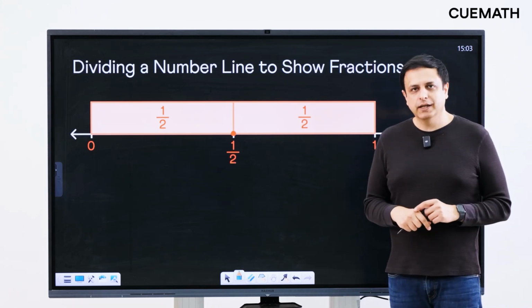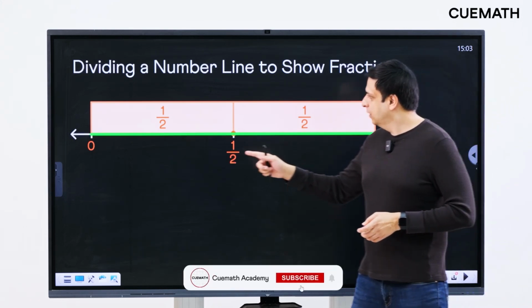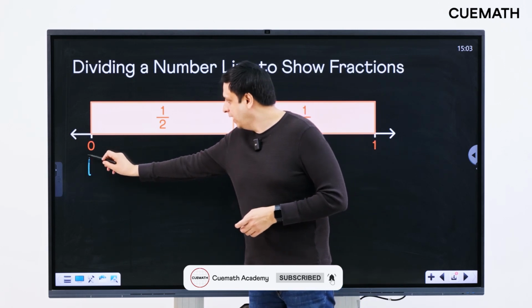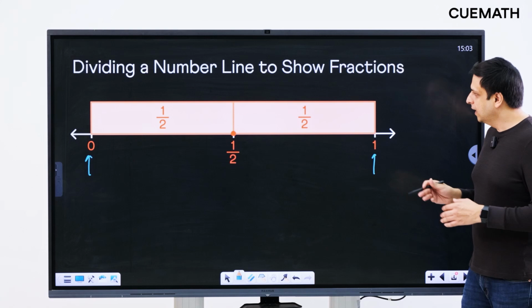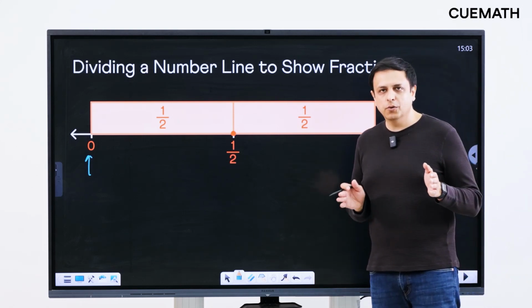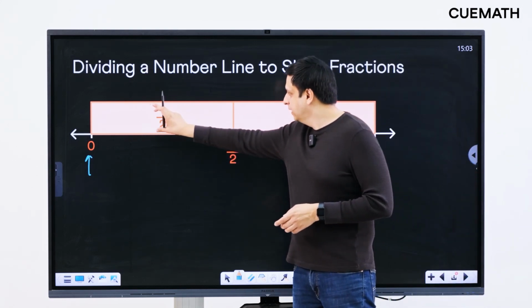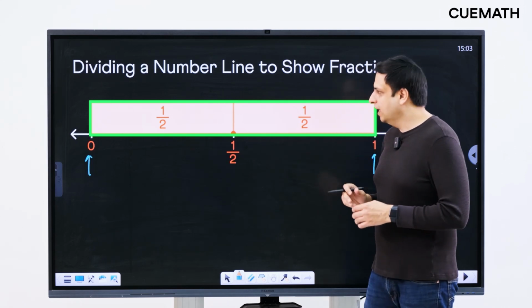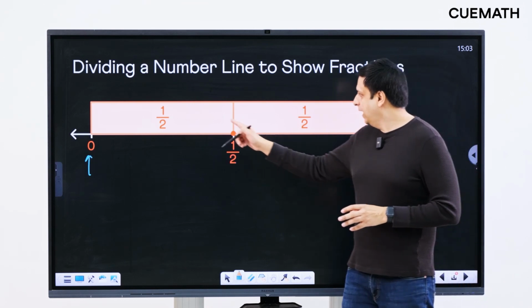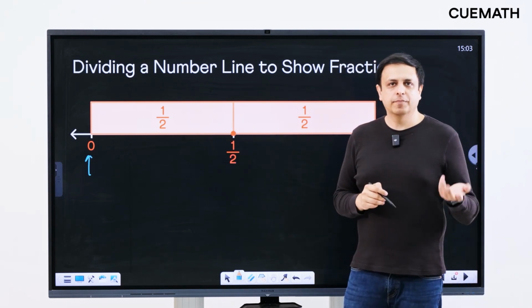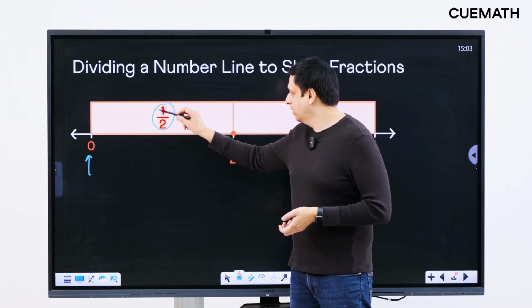Take a look at this picture here which shows a number line where we have 0 at one end and we have 1 at this end, and the distance from 0 to 1 has been covered by this bar here that you see, and that bar has been divided into two equal parts, and each of those two parts, as you know, represents the fraction 1 over 2.